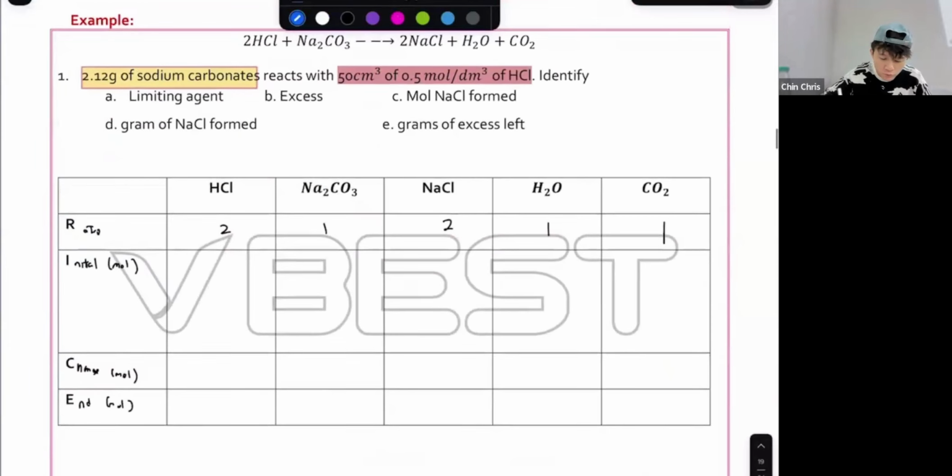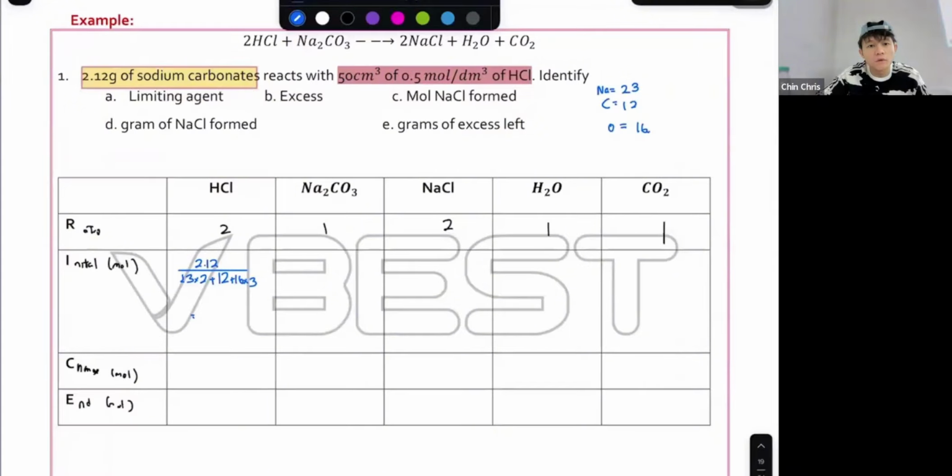So initial mole. Sodium is 23, carbon is 12, oxygen is 16. What's the initial mole? Use the Mr, right? Understand, guys?